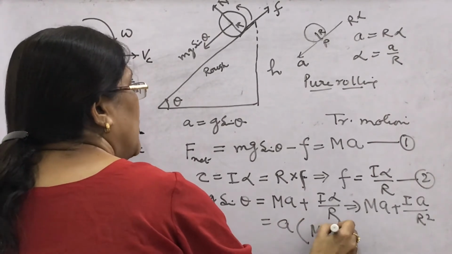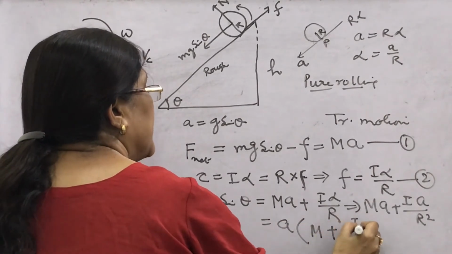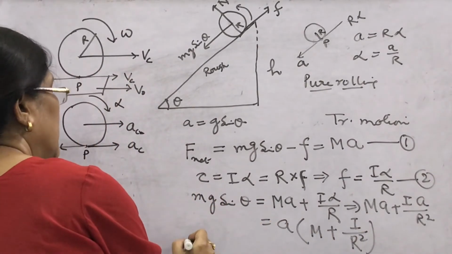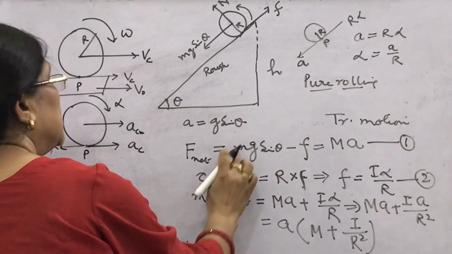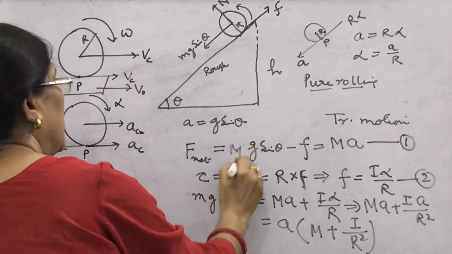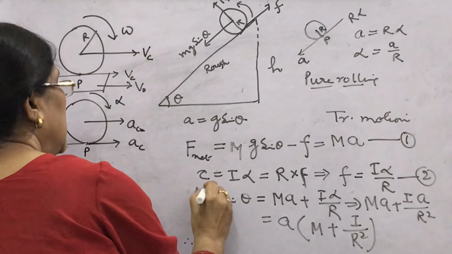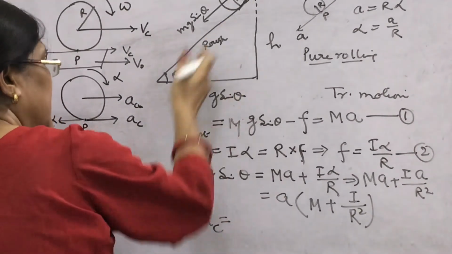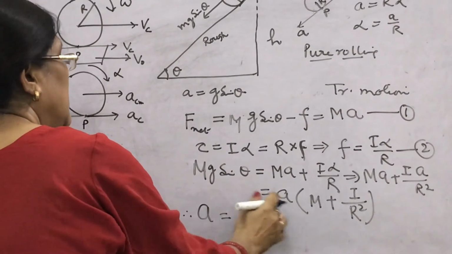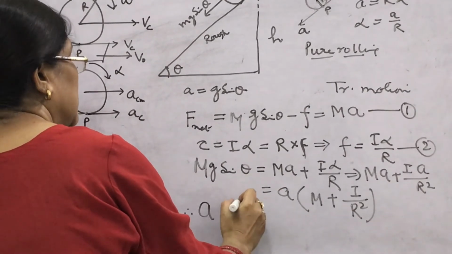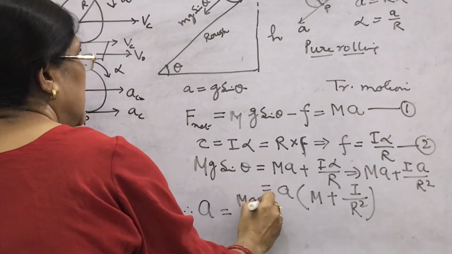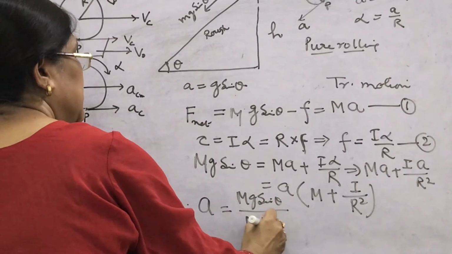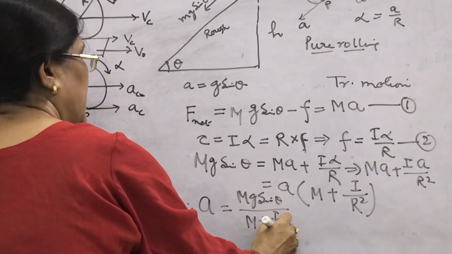This M plus I upon R square. These are all capital M. So what is the acceleration in rolling motion on the inclined plane? If you write here, then acceleration is mg sine theta upon m plus I upon R square.